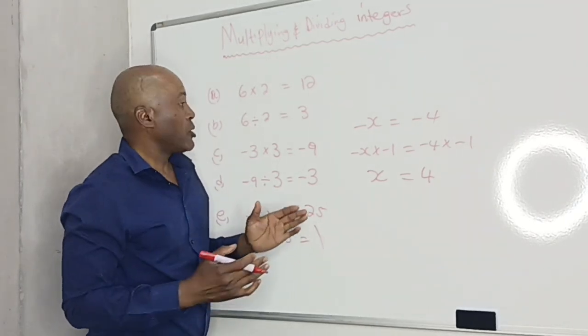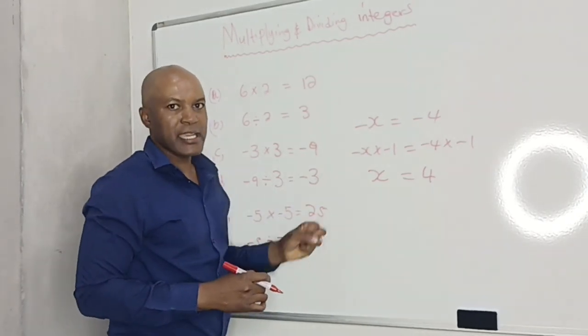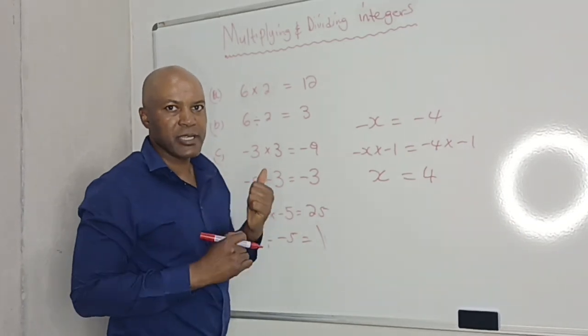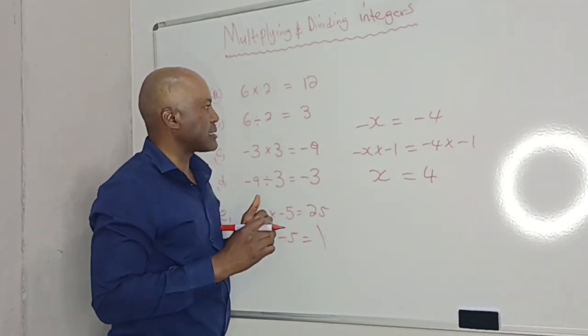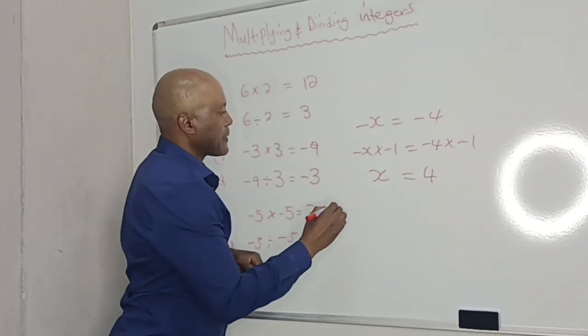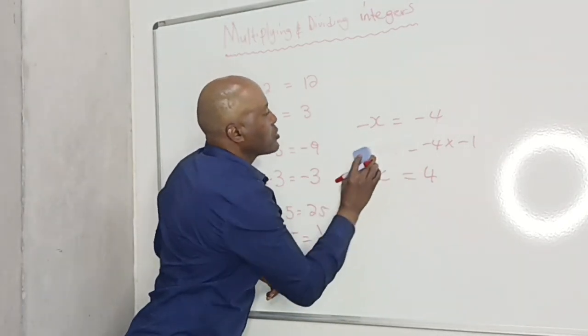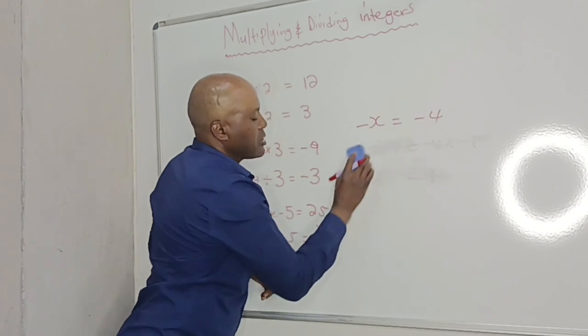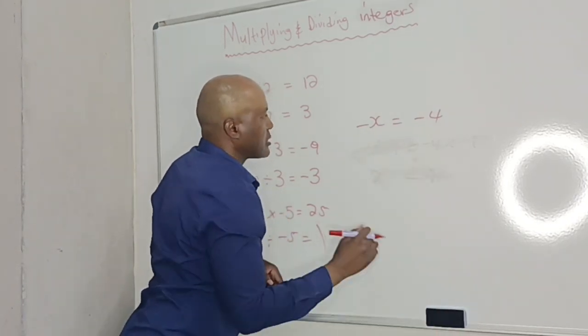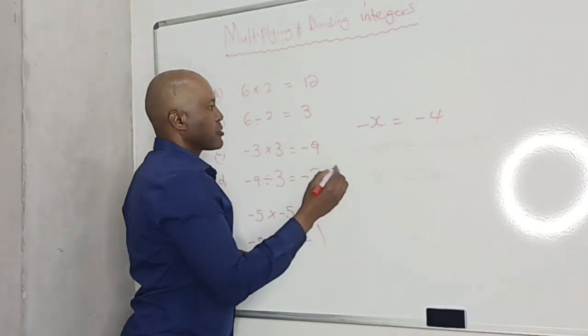The same applies. Let's say you decide to divide by negative 1 instead of multiplying by negative 1. You're going to get the same answer here. Say you take the division route.